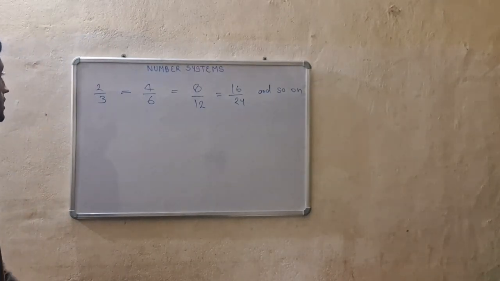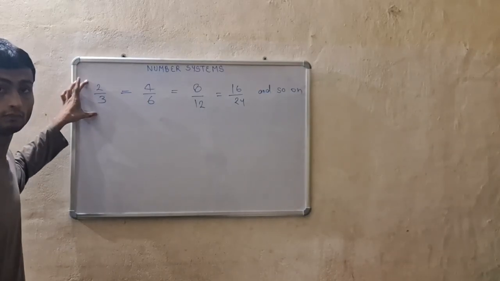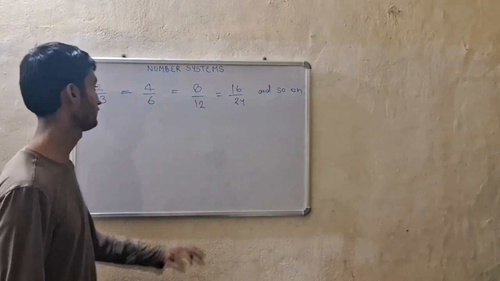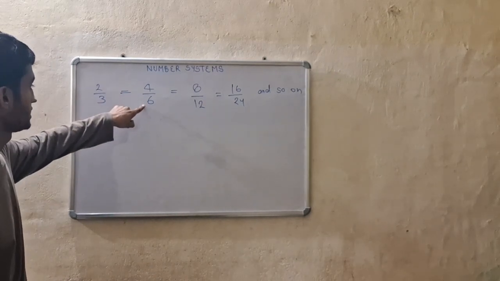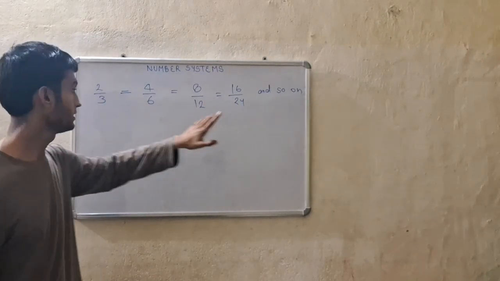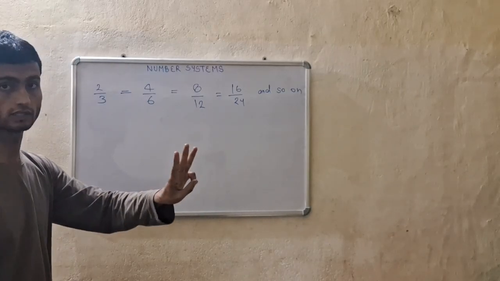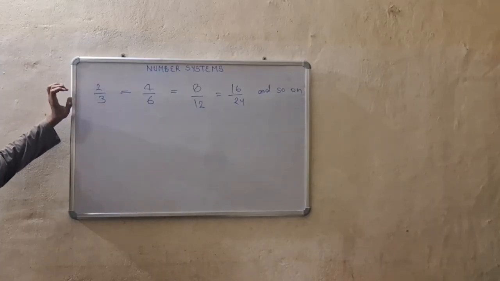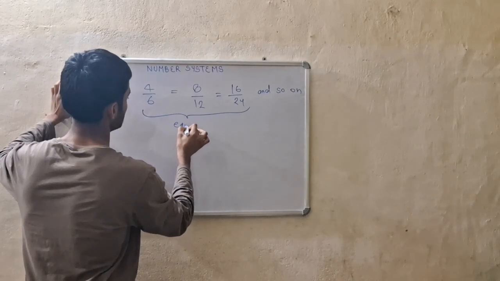So we can say that a rational number does not have a unique representation in the form P upon Q. The same rational number can be represented in many different ways. As in this case, we have at least three more ways to represent this rational number. So these are equivalent rational numbers.